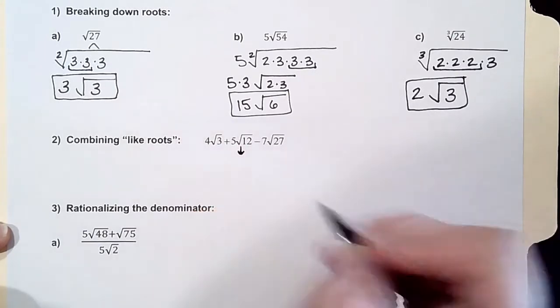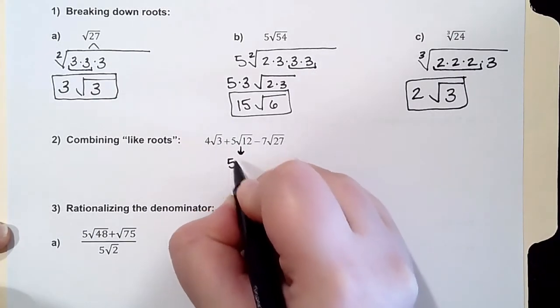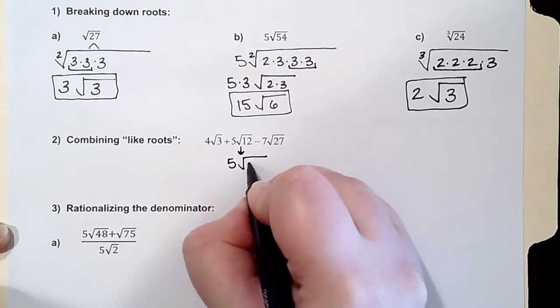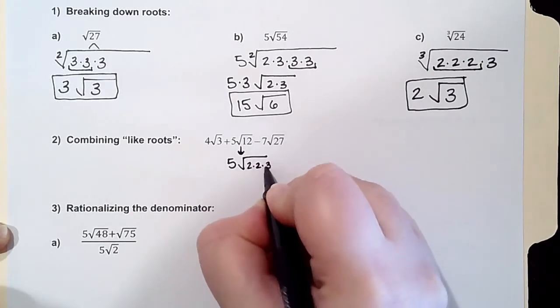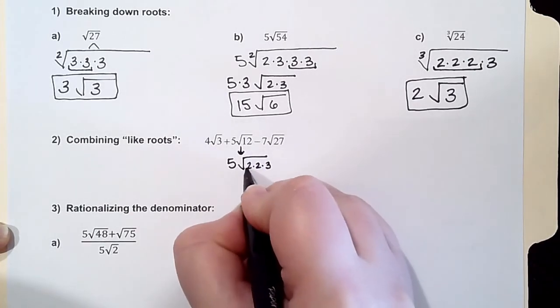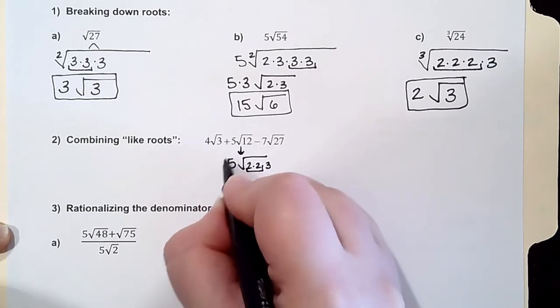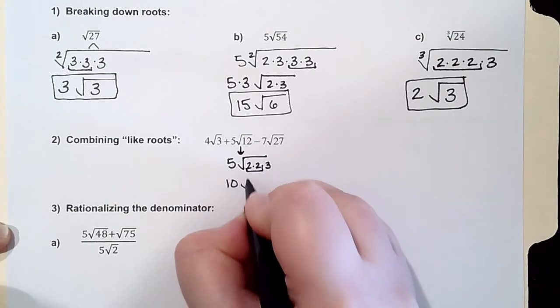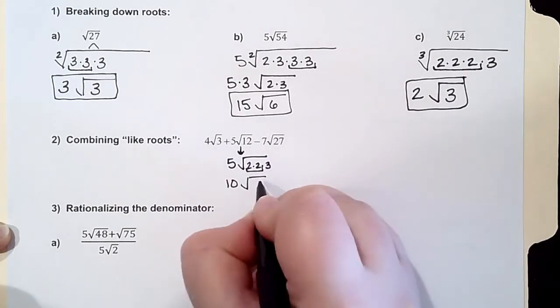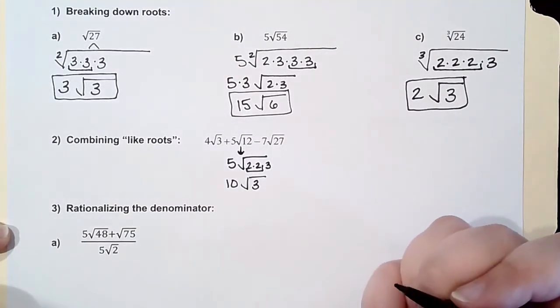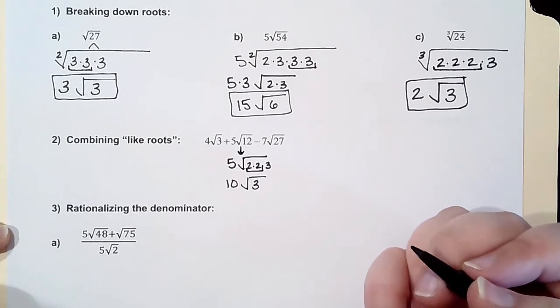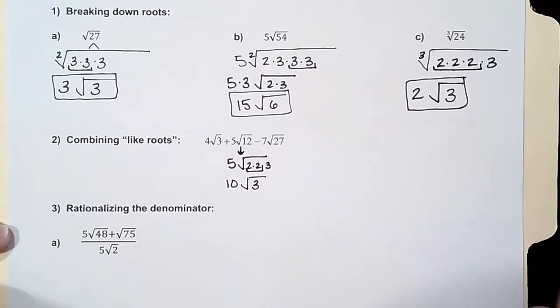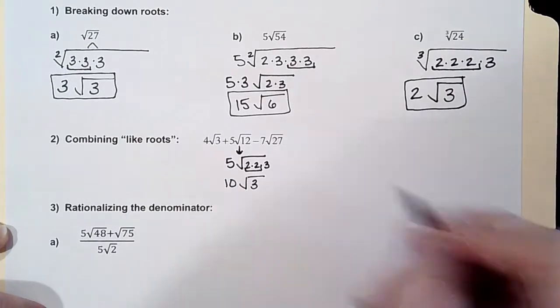However, 5 root 12 is something that I can simplify, because 12 is the same thing as 2 times 2 times 3. I'm going to bring that pair of 2's out and multiply it by my 5 to be 10 root whatever is left over. In this case, it's 3. So 5 root 12 and 10 root 3 are the equivalents.